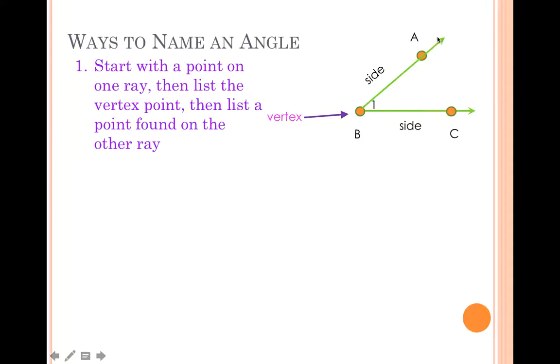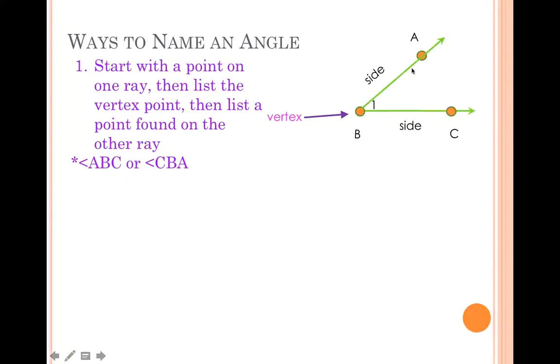You pick a ray, it doesn't matter, you pick one point on the ray. Then you list the vertex point, and then you list a point found on the other ray. So you kind of trace the angle as you name points. You pick a ray, pick a point, go to the vertex point, and then go to the other ray and pick a point.